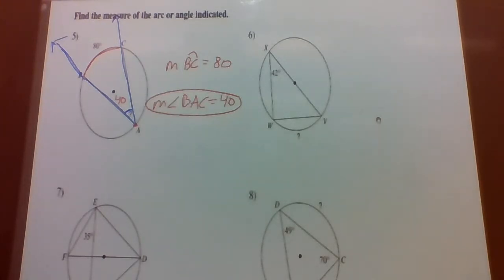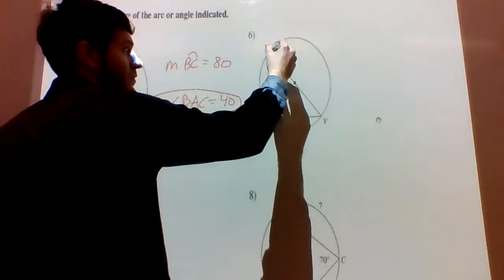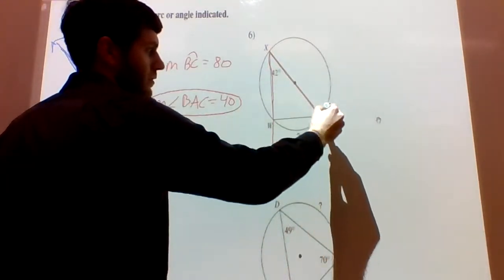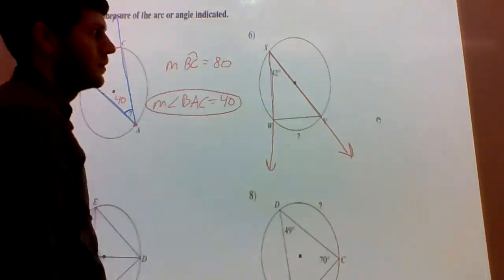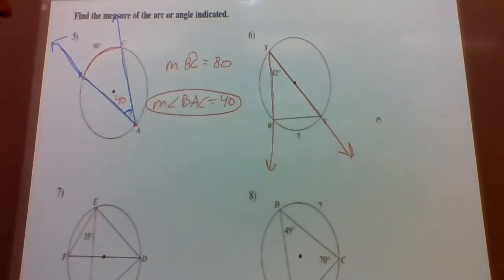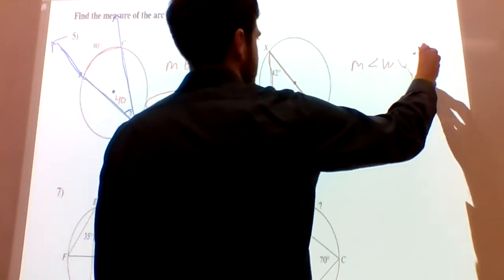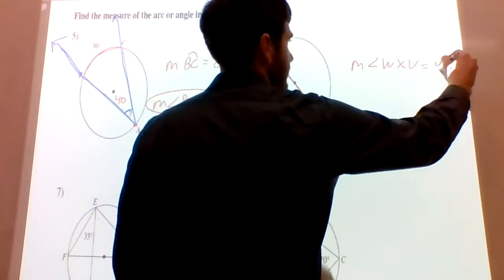Number 6. This time we're given the inscribed angle. So X is on the circle, and X is the vertex of angle WXV. So the measure of angle WXV is 42.